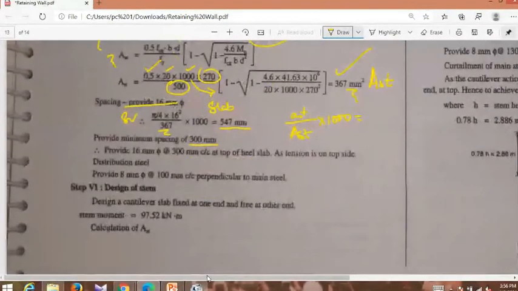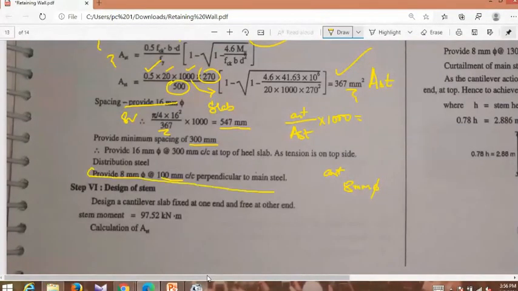Then we want to determine the distribution bar. The same procedure. Here we are providing 8 mm bars. Similarly, calculating the center to center distance, we provide 8 mm bars at 100 mm center to center.